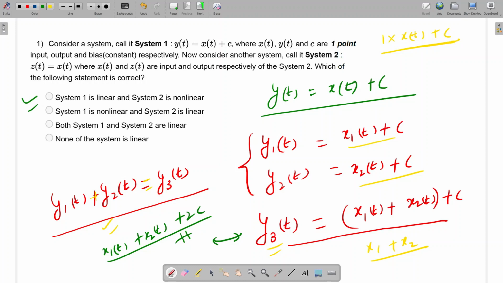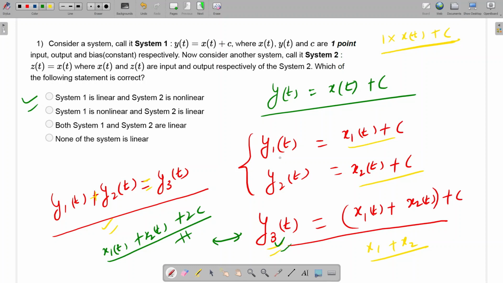Is it clear? Whatever the transformation is, x is the variable. With x we are multiplying 1 and adding c. So for x1 plus x2, we do the same thing. That will be this value, y3(t): (x1 + x2) into 1 plus c.